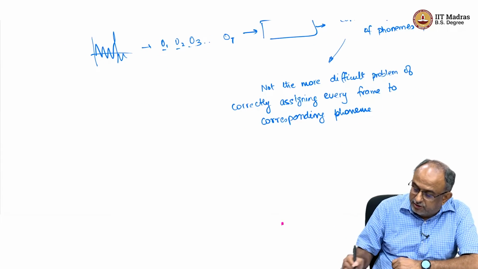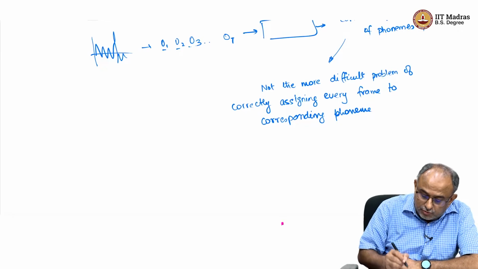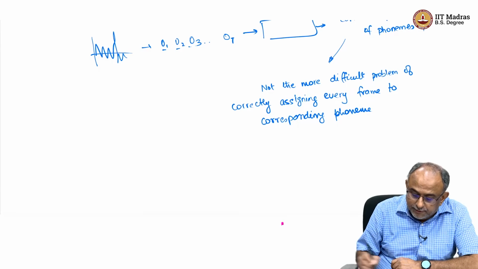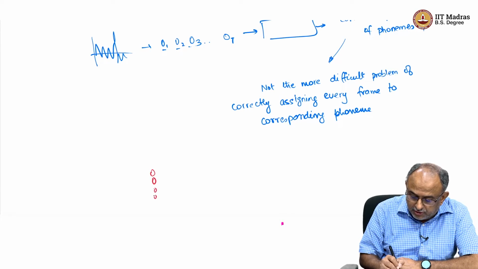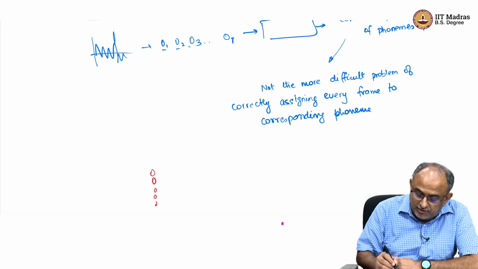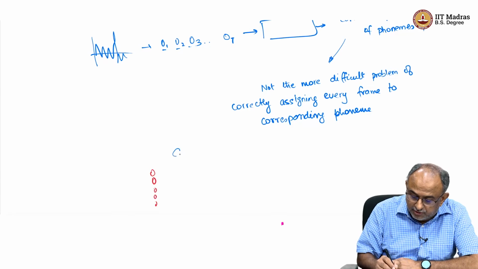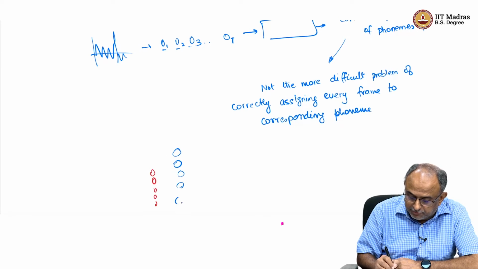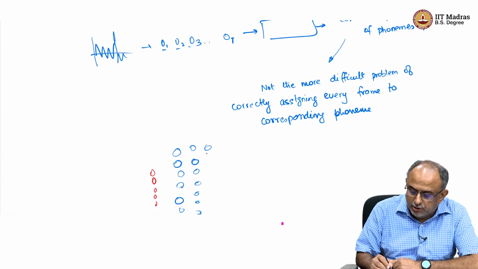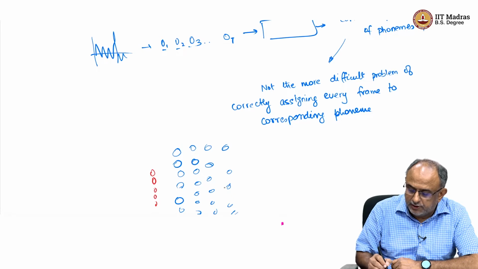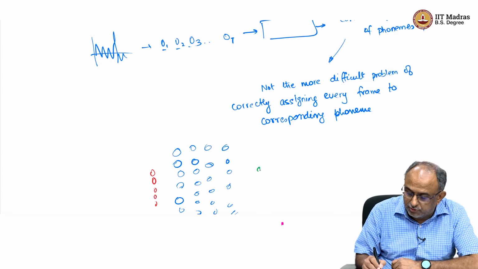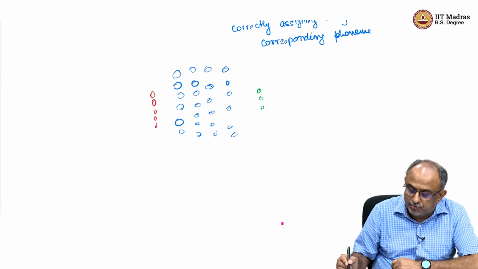So, if I draw it, it will be very clear. What we are saying is that you have these inputs, and you have these hidden layers. There could be multiple of them, so it is a deep network, and then you have some outputs here. So, this is your phoneme sequence.